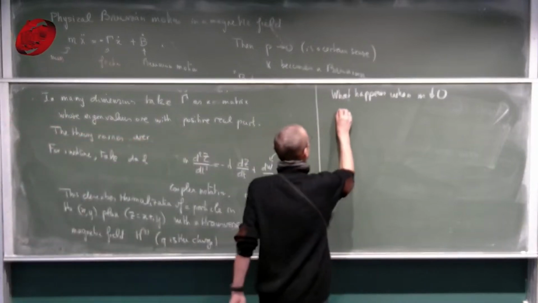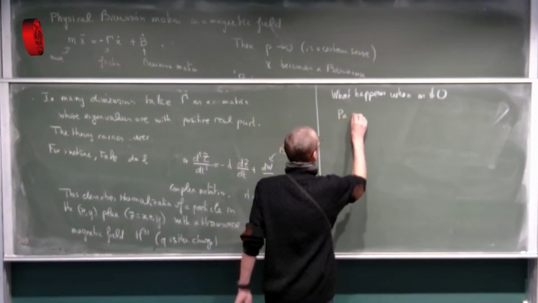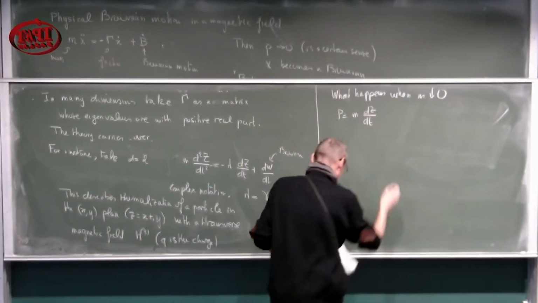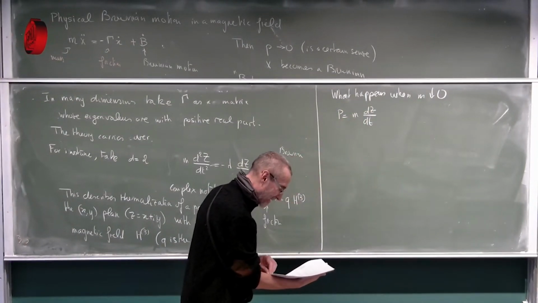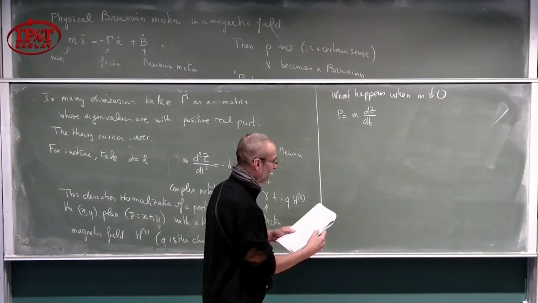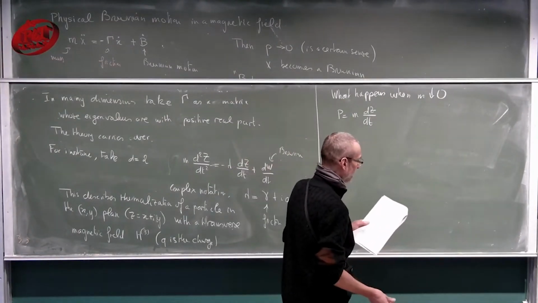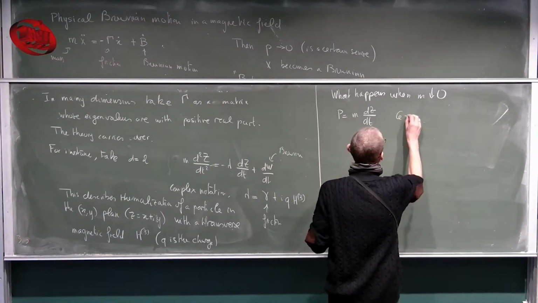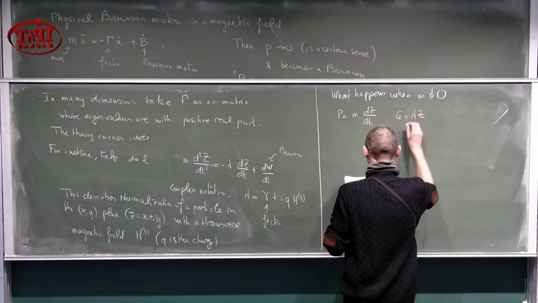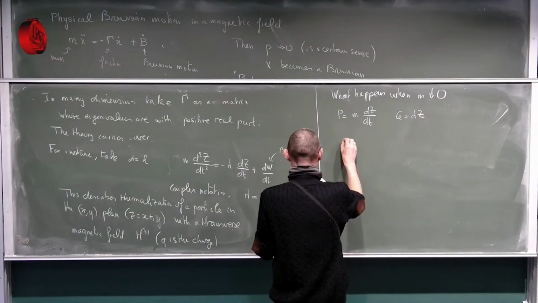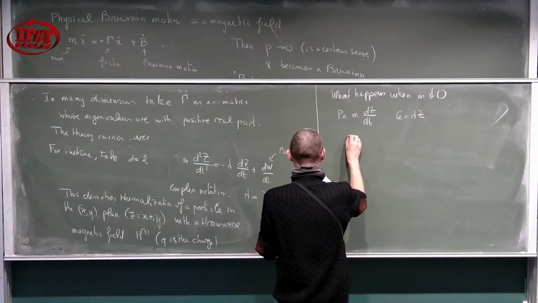If you define P to be equal to m dz over dt, and just to get my notations right, I said Q equals lambda z, and then what you find is that I write it now as a mathematician.